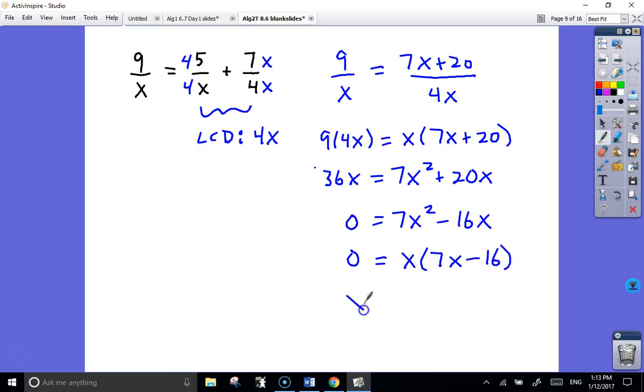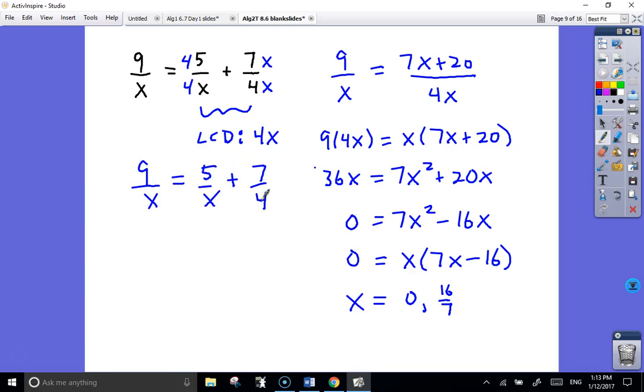So x equals, okay, what's the solution if you have one factor that's just x? 0. And then from 7x minus 16, 16 over 7, right? 16 divided by 7, the 7's cancel, 16 minus 16. Okay, check them. So again, the check is against this equation, 9 over x equals 5 over x plus 7/4.